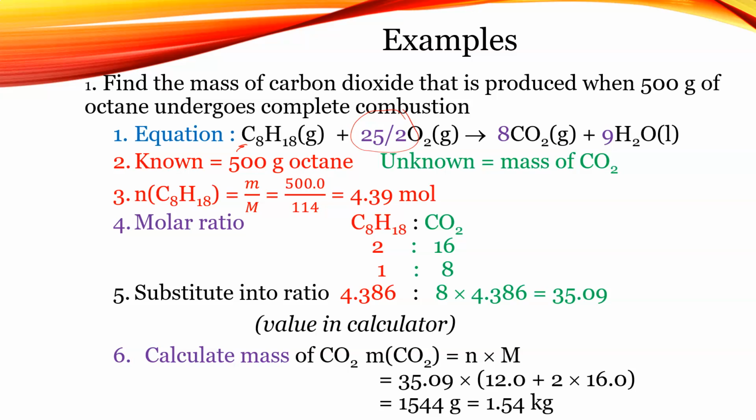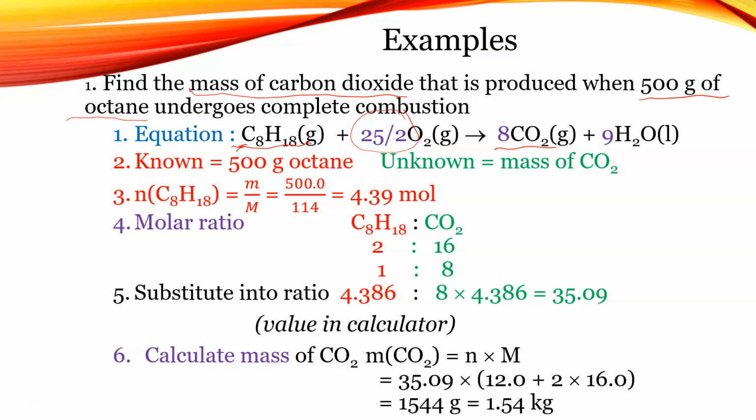So we only need the octane and the carbon dioxide. So our known is our 500 grams of octane. You might highlight that in your question, or you might write it out separately, whichever you prefer. The unknown is the mass of carbon dioxide, and so you'd highlight that in a different color.